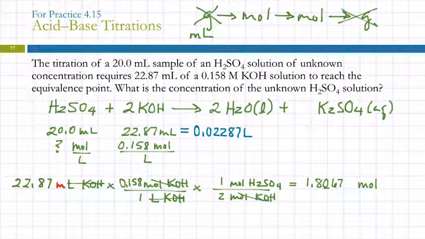Or write it out with the milli and the liter and the 10 to the third and everything. So here, I write 0.02287 liters. The liters cancel down here, and then what I end up with is times 10 to the minus third moles.